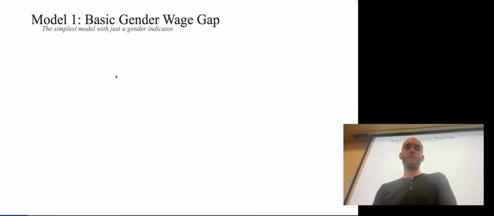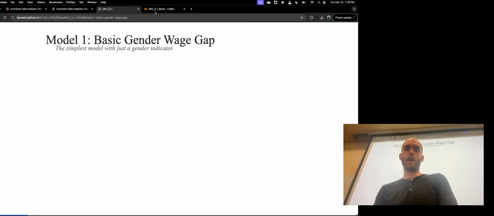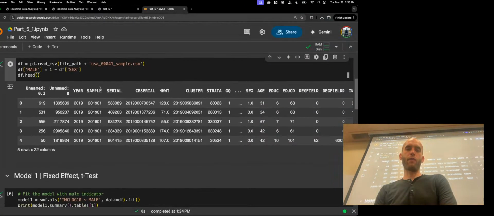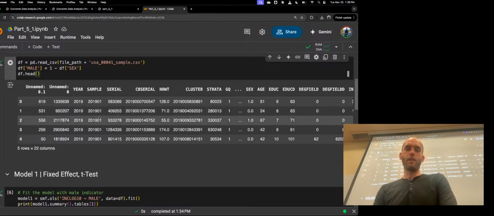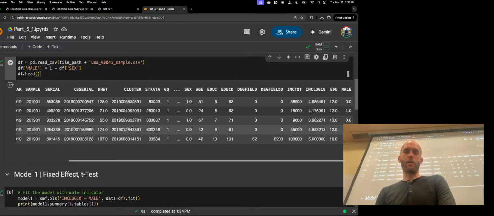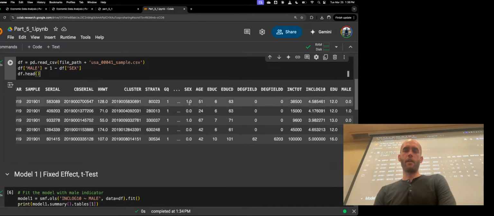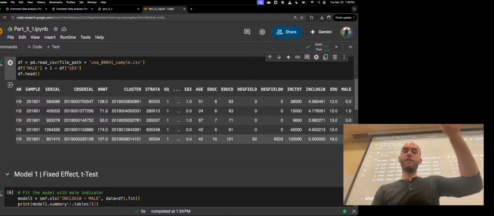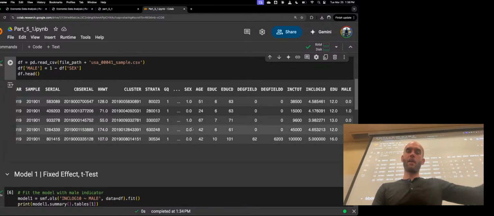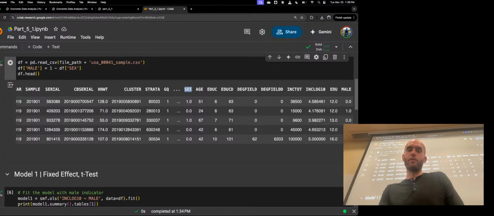So before we get into actually building this, I just want to show you a picture of the data. We've sort of talked through most of this already, but we have this sex variable, which is coded in the census record as binary. One of the issues, like the coding issues with it.